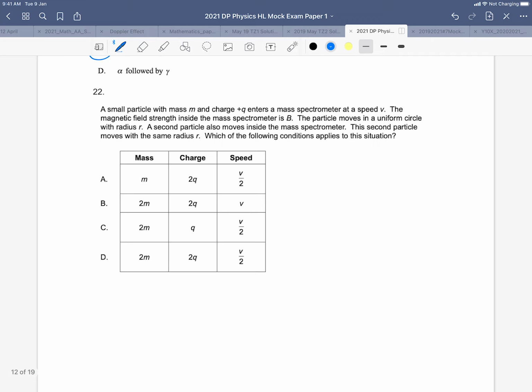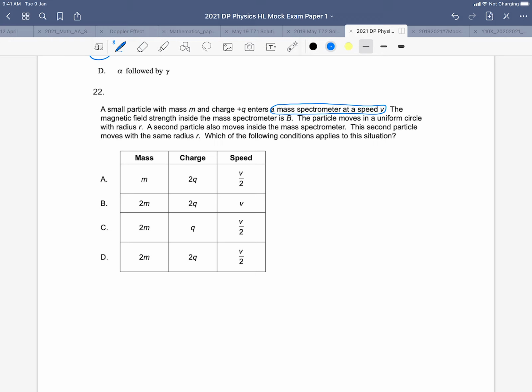Okay, so here's a really tricky one. I remember that causing a lot of problems. We have a small particle with a mass and a charge entering a mass spectrometer at speed v. So remember, mass spectrometers are used to distinguish small masses, right?